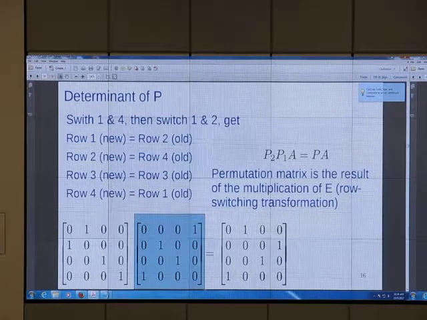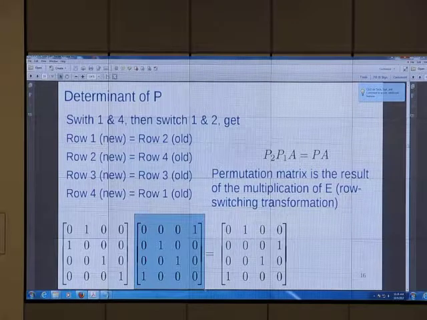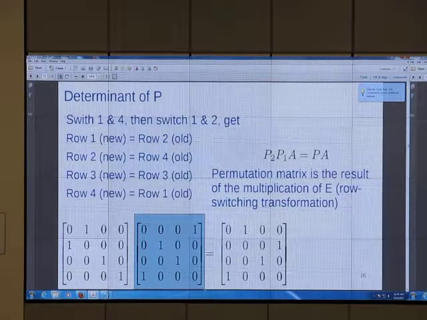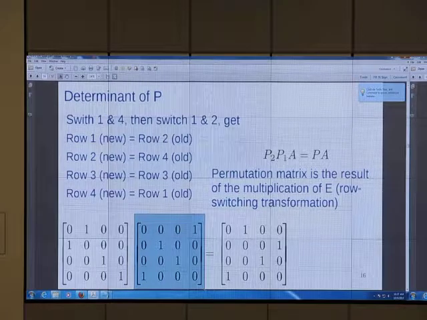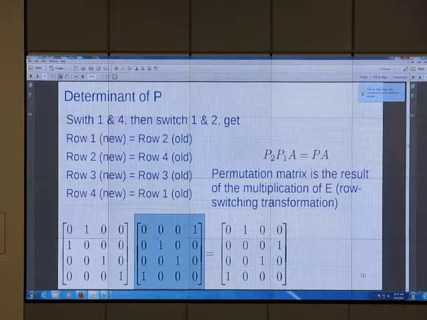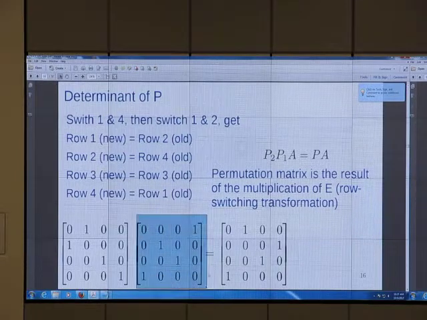Why is that? When we switch 1 and 4, if you take a look at the matrix, it's similar to the identity matrix, except row 1 and row 4 switch. The rest is the same. If you have any matrix multiplied by that, what do you get? You get row switching. So if you have this matrix multiplied by anything, you get row switching.